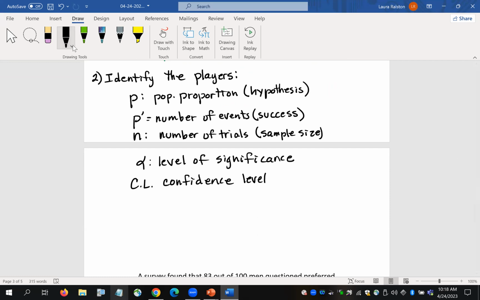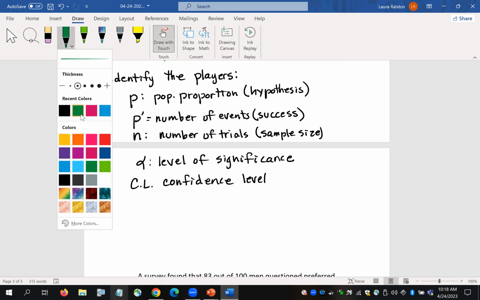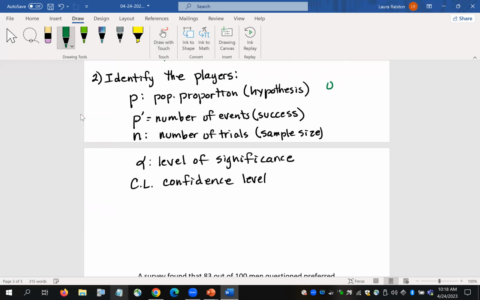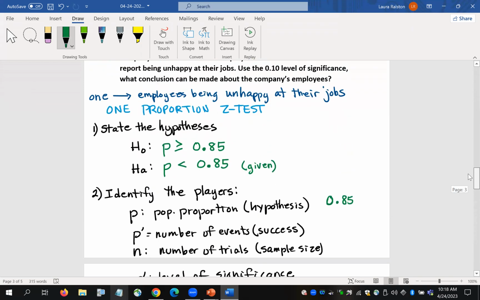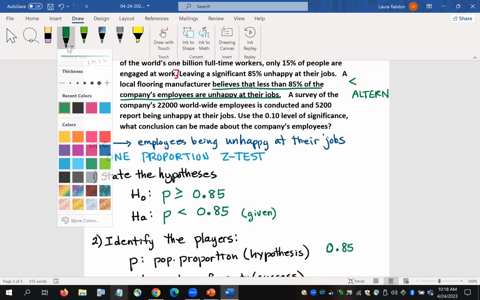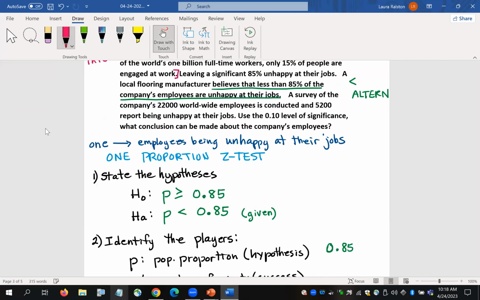Okay, so if I go back to this problem, it tells me that in my hypothesis, 85% of employees are unhappy at their jobs. If I go back to my paragraph, it tells me that the company conducted a survey of its 22,000 employees, and 5,200 report being unhappy at their jobs.